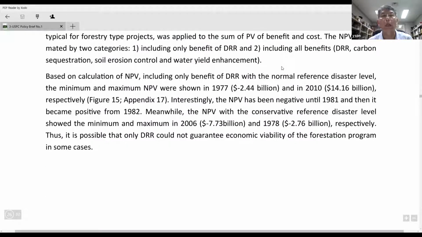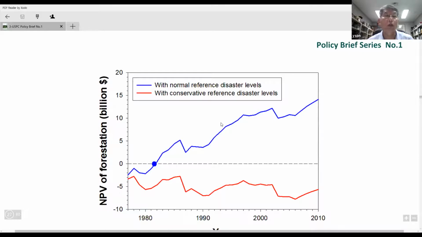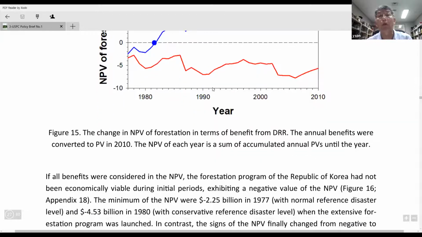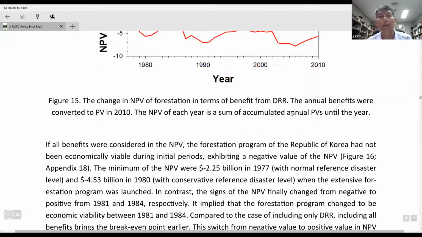And then this shows the NPV with the two levels. Again, if we use the normal reference disaster level, NPV would be positive. But when we use the conservative reference level, NPV would be negative with only DRR.